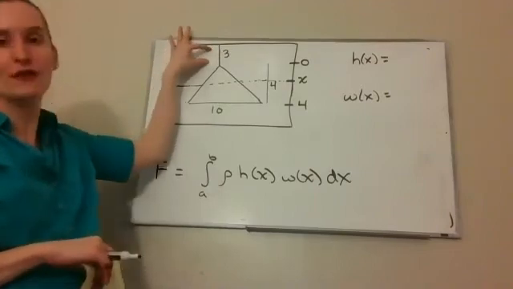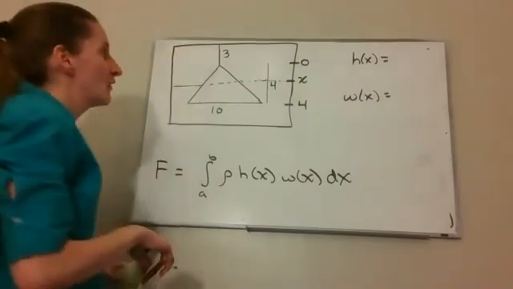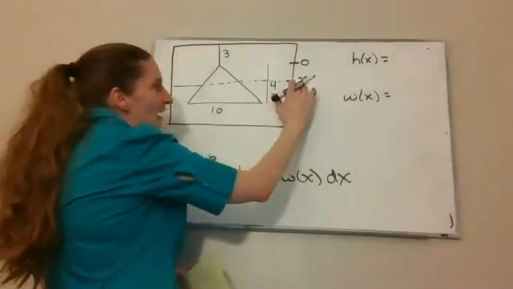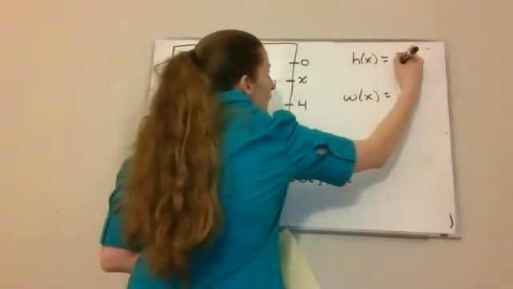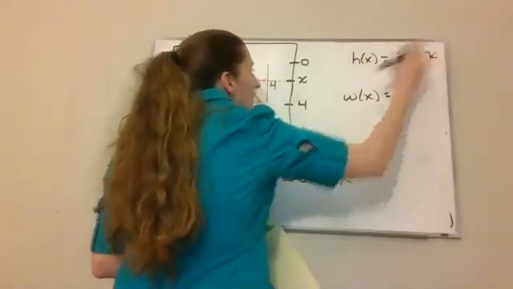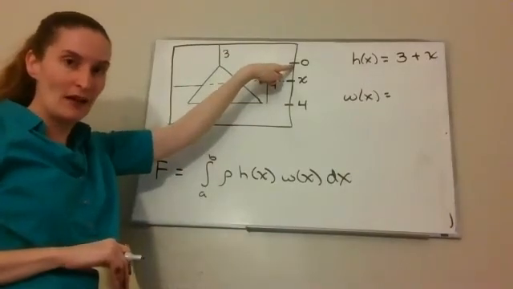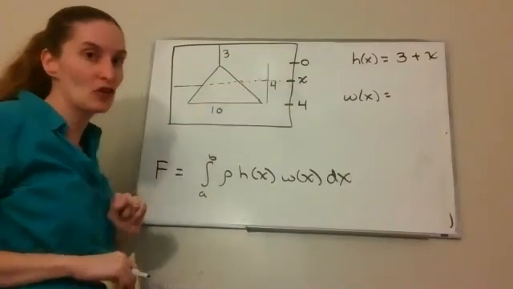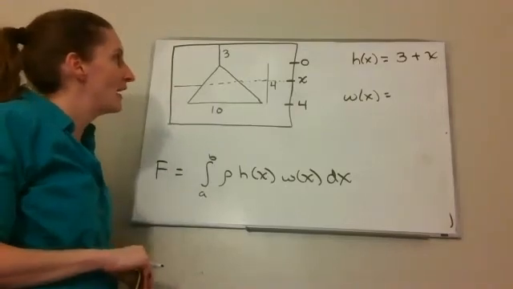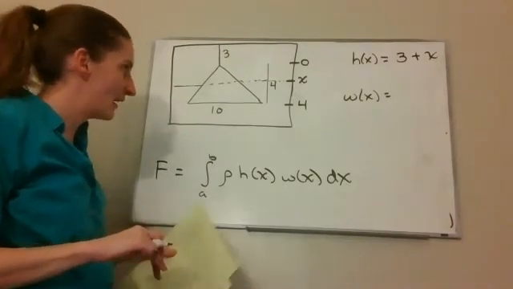In fact, there's 3 feet of oil above it. So the depth that takes me to X is actually 3 plus X, because I am already at a depth of 3 when I'm at my point 0, and I'm adding X more to that depth. So H of X is 3 plus X.